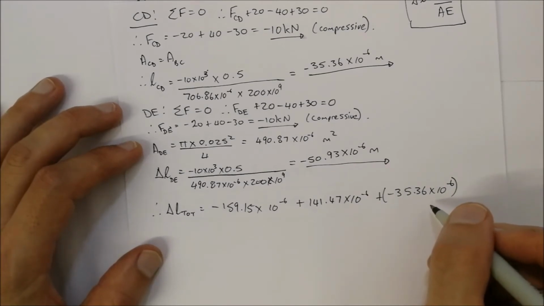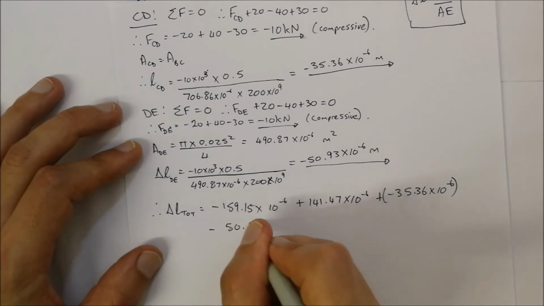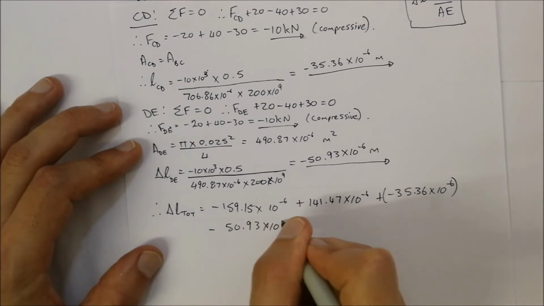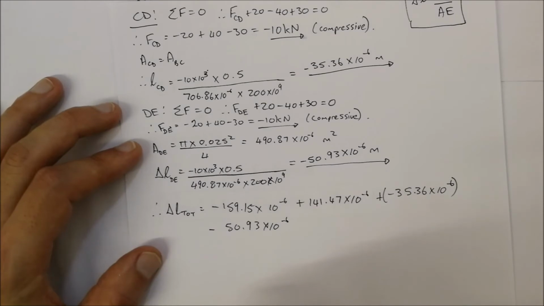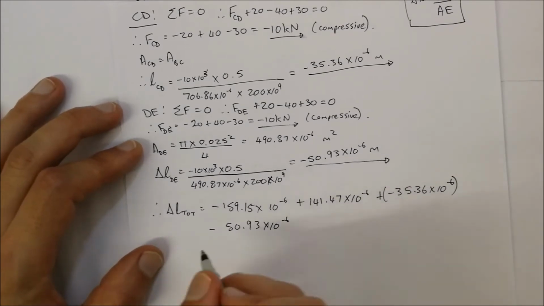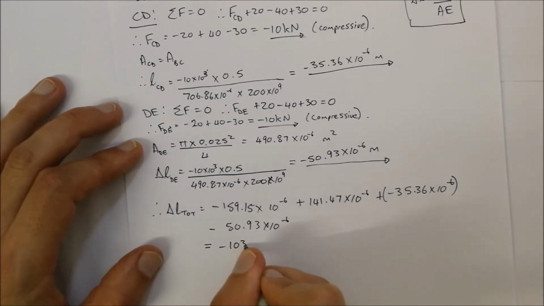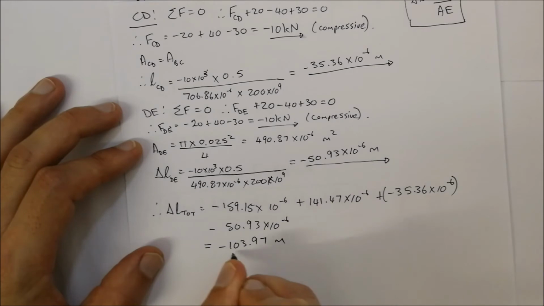The change in length for DE was minus 50.93 times 10 to the minus 6. And adding it all up together, we get an answer of negative 103.97 times 10 to the minus 6 meters.